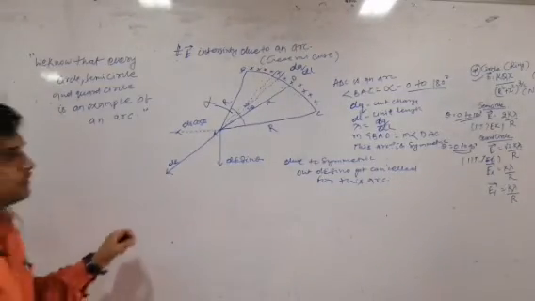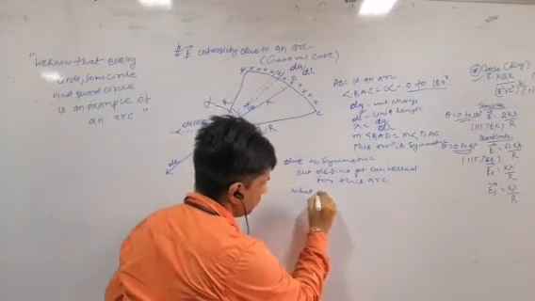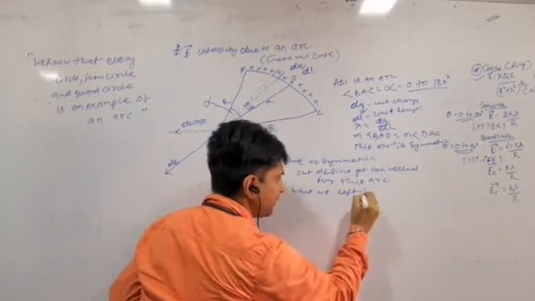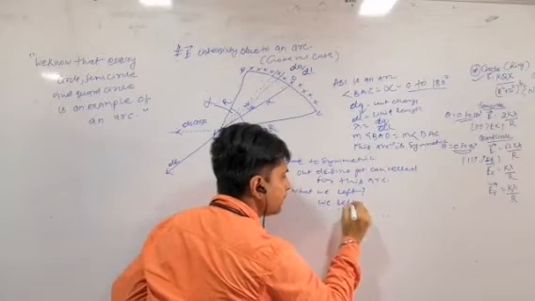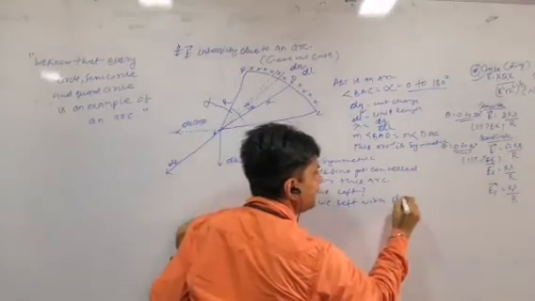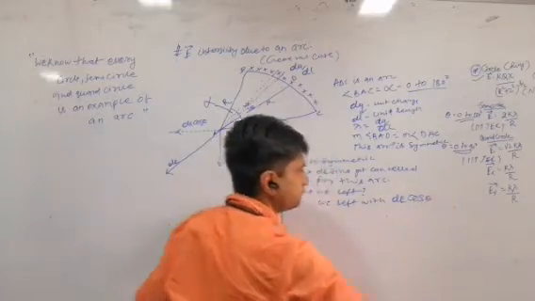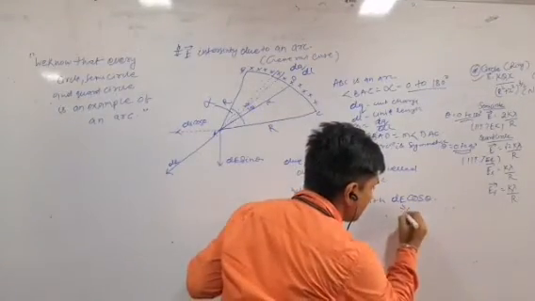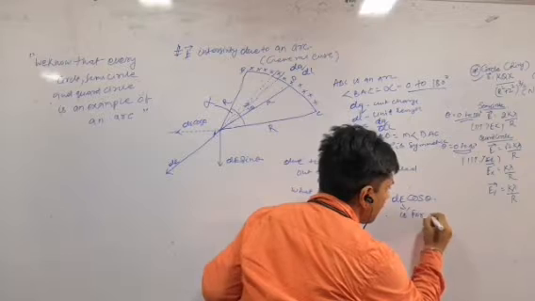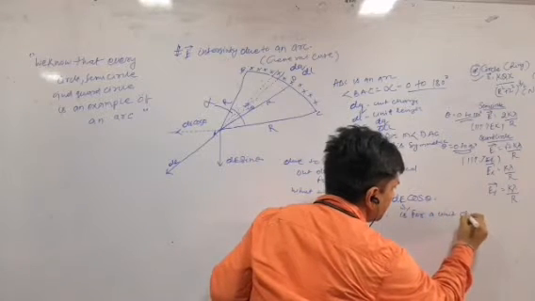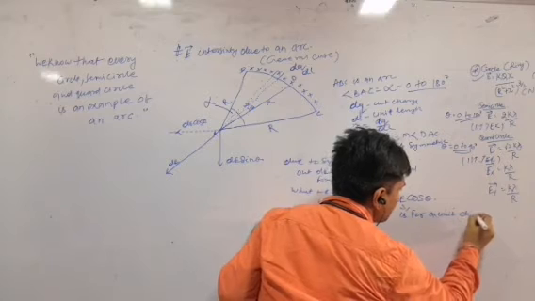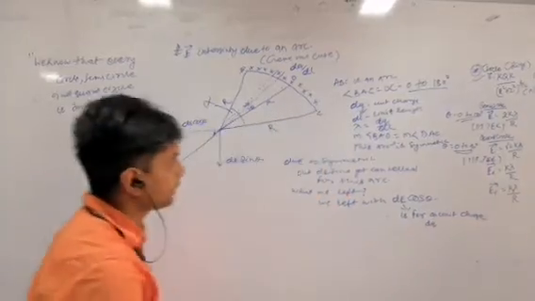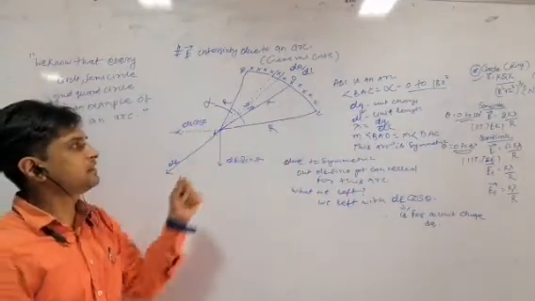So what are we left with? We are left with dE cos theta, and this dE cos theta is for a unit charge. What is that unit charge? dQ.